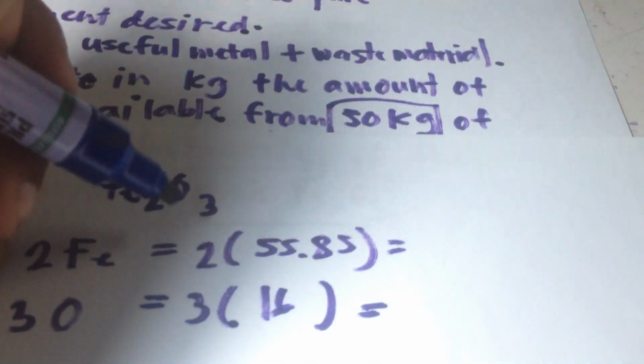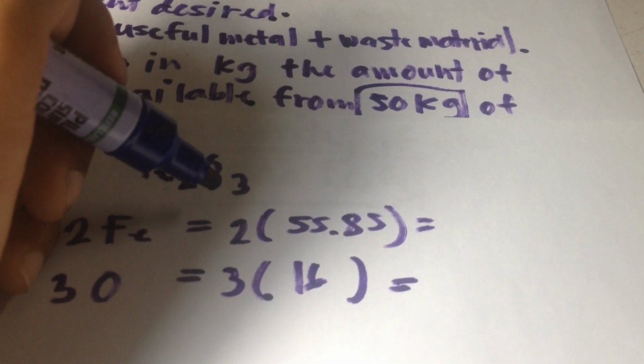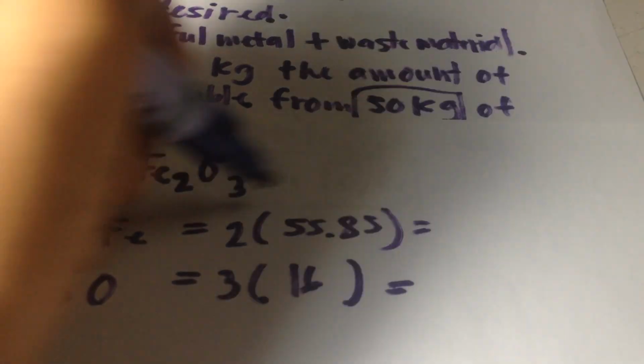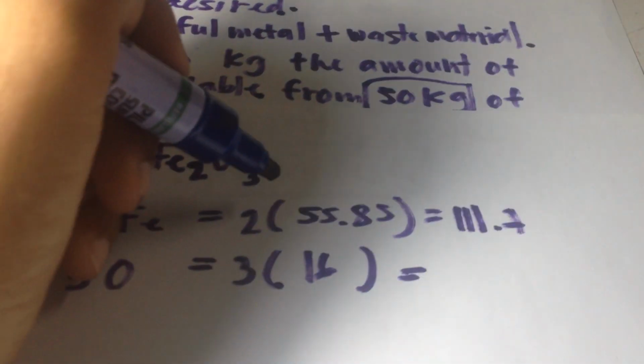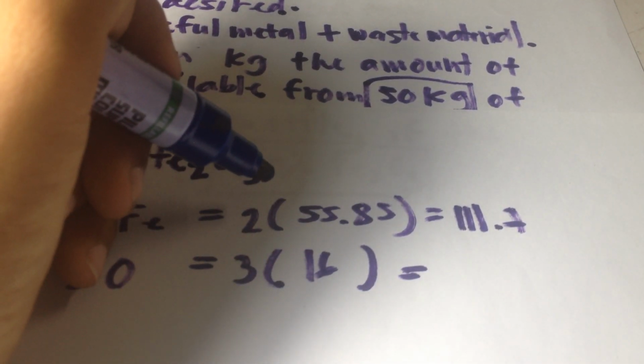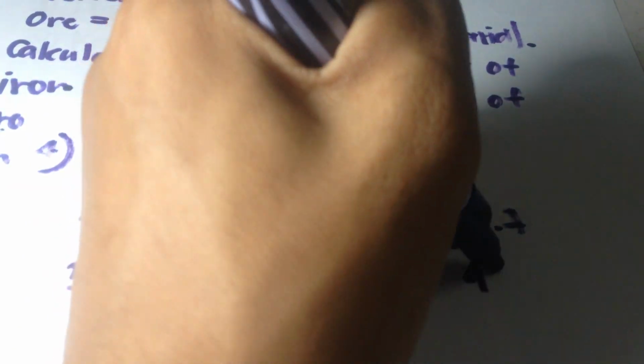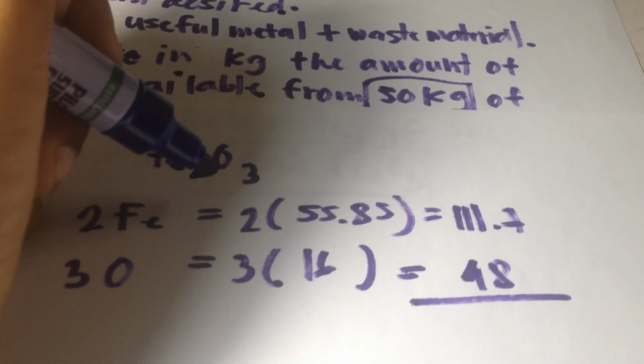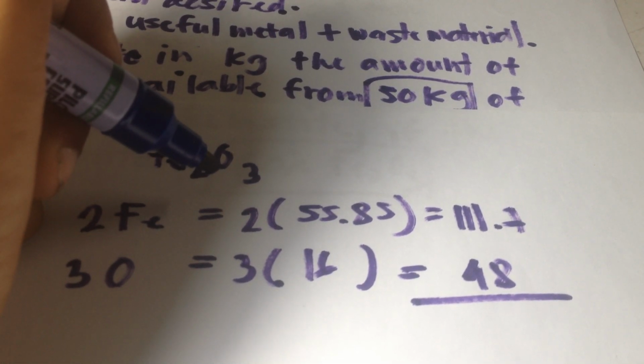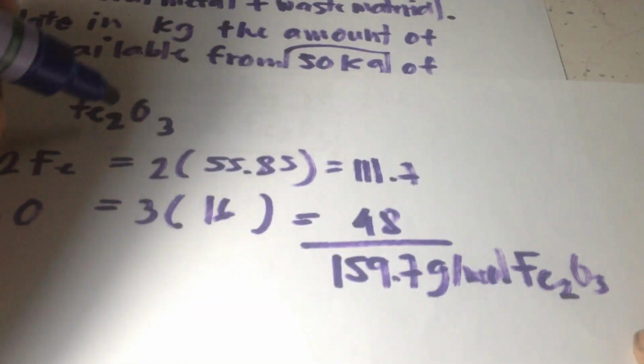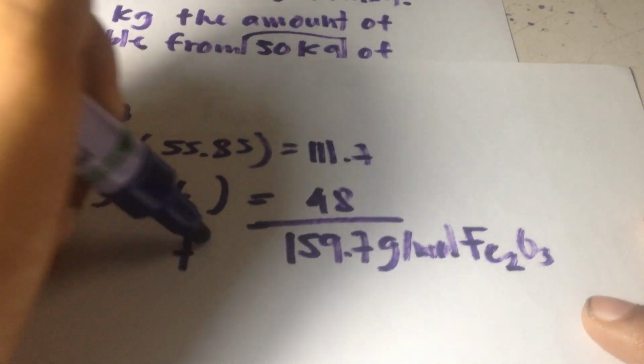So 2 times 55.85 is equal to 111.7, and 3 times 16 is equal to 48. Then 111.7 plus 48, so 159.7 grams per mole of iron(III) oxide. So that is the formula mass.